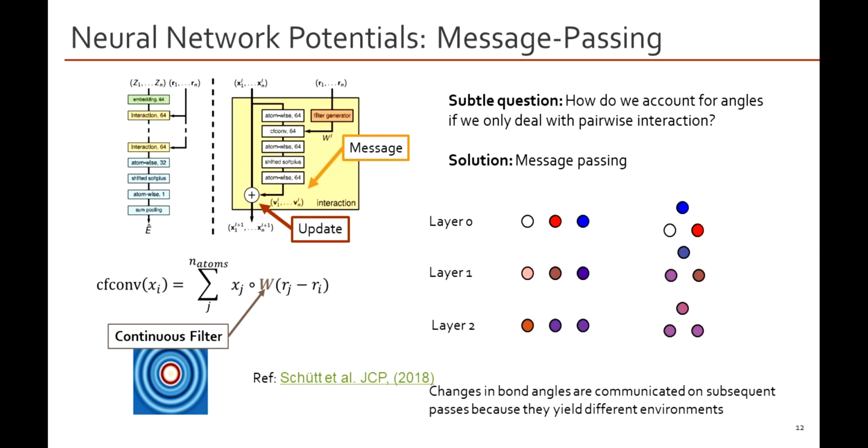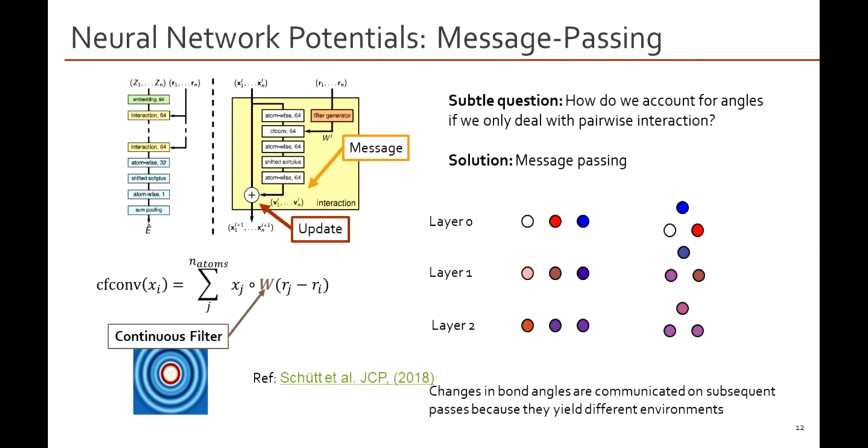Their fingerprints have changed differently because their distance to each other has changed. Now, when I do message passing again, even though I've got the same atoms at the same distance, their fingerprints are now different because I've updated them, and that gives me the ability to describe atoms that are different based on their environment using only pairwise interactions.